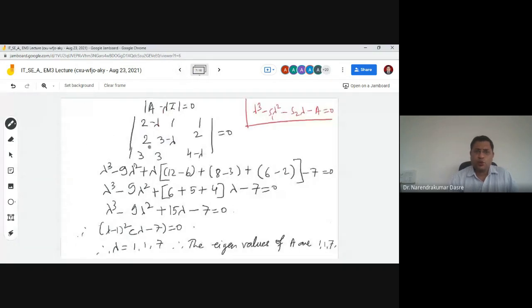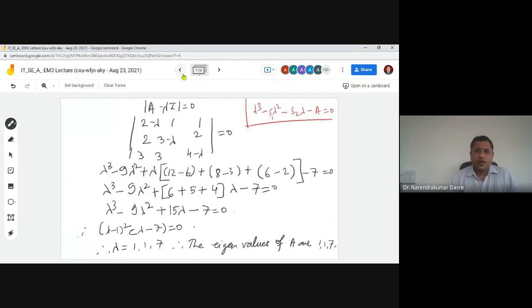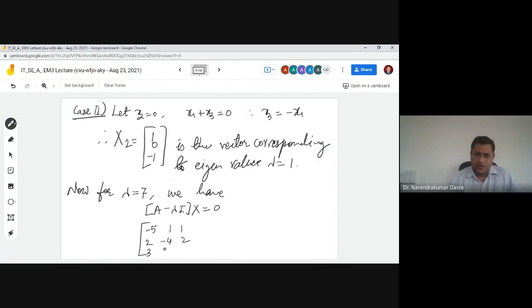Then 2, 3 minus 7, which is minus 4, and 2. Now 3, 3, and 4 minus 7, which is minus 3. And we have x1, x2, x3 equal to 0, 0, 0.